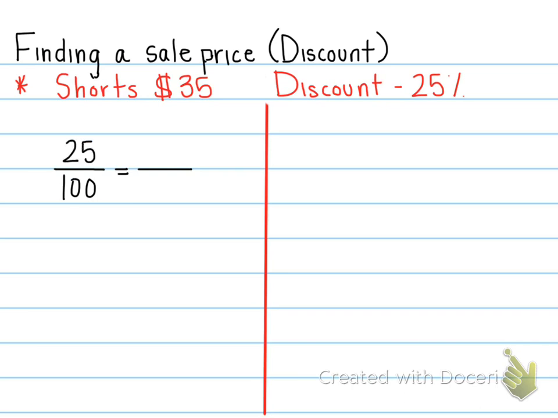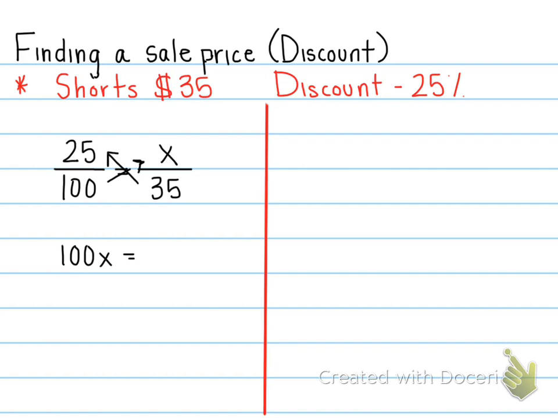We know that the whole price that you're paying is $35. That's the whole price of the item. You are finding the part that is 25% off. So I take 100 times X, which is 100X, and 35 times 25.